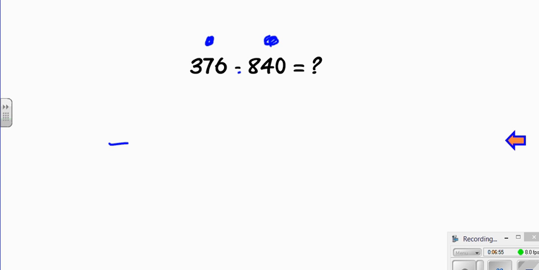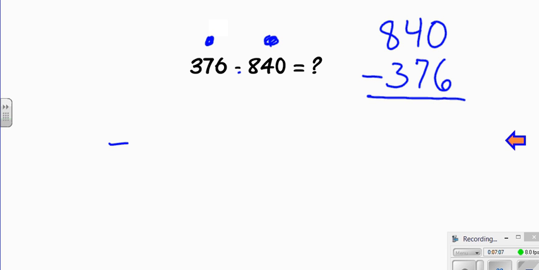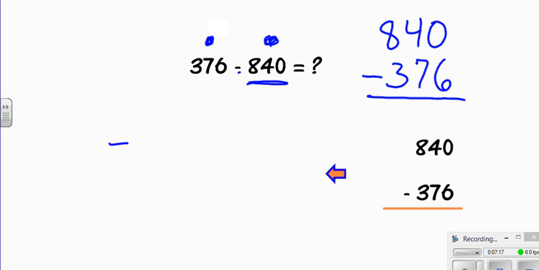Now that we know that it's a negative number, we got to remember to add that label. But what we can do here is I can take this 840 and subtract the 376 like that to be able to do this. And I'm going to get a negative, and then just make sure I put a negative number because I know that this number is bigger, right?